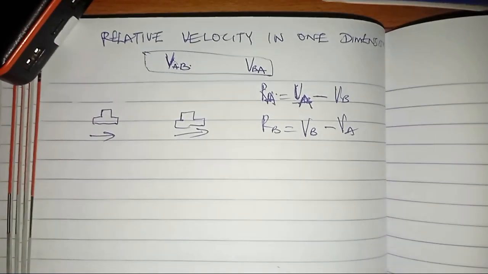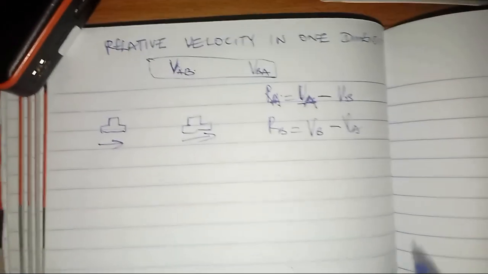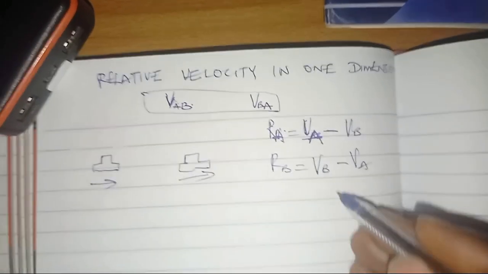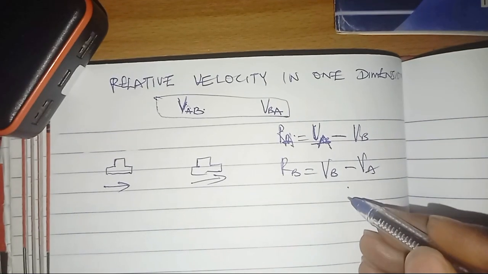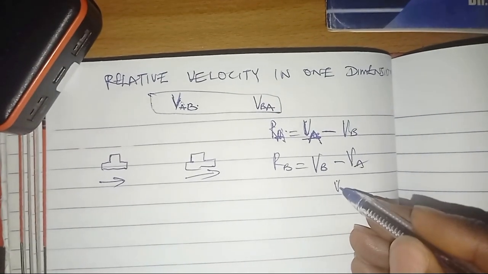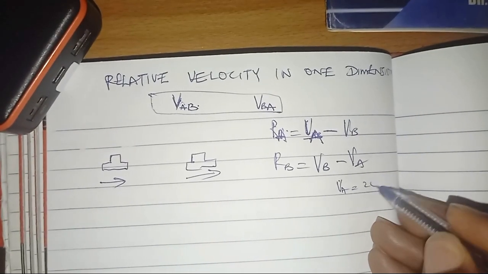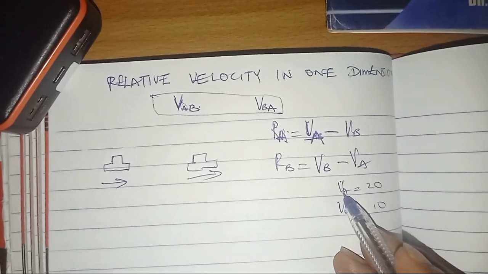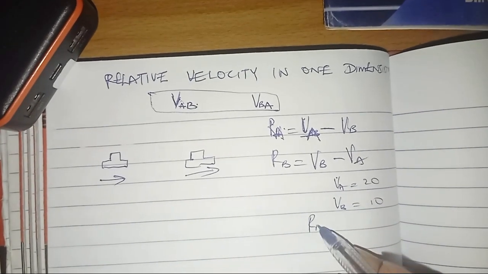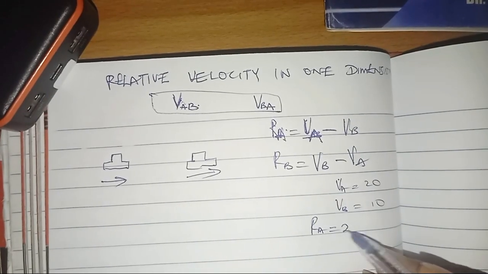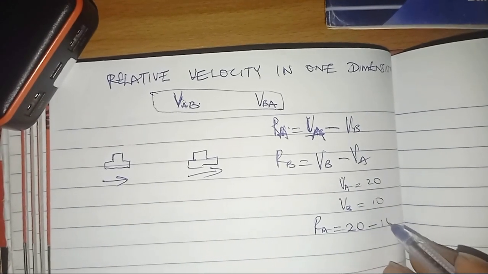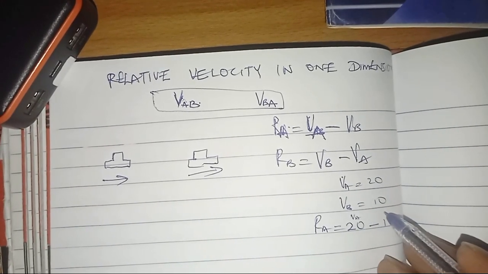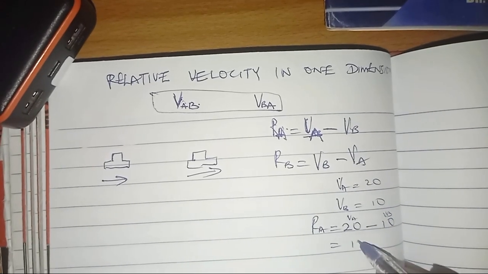So what this means is that if I have a velocity of an object A equal to 20 and that of B equal to 10, and they ask you what is the relative velocity of A, it will simply be 20 minus 10, that is VA minus VB, which is equal to 10.